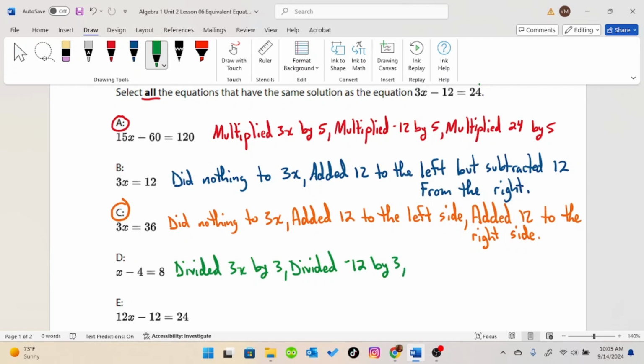And to go from 24 to 8, they divided by 3. They did the same thing, dividing by 3 to every part of the equation. So this is an equivalent equation.